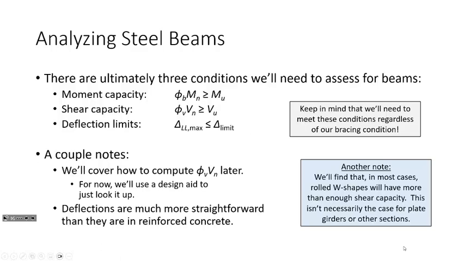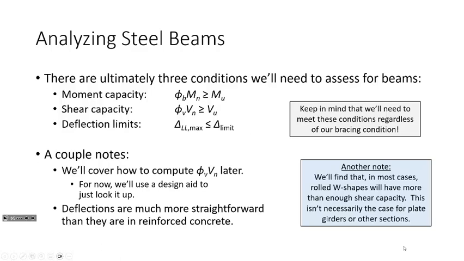A couple of notes here. There are some more limit states that you might have to consider if you're looking at more advanced types of designs, things like floor vibrations or ponding or fatigue. But for the vast majority of structural steel beam designs for standard applications, these are really the 3 limit states that you need to be considering.